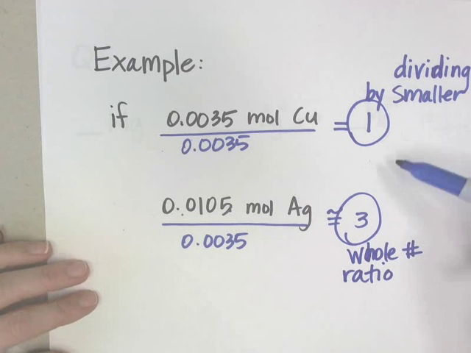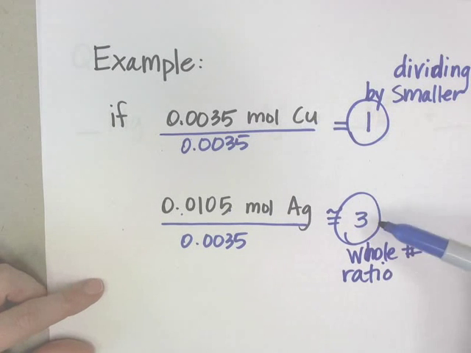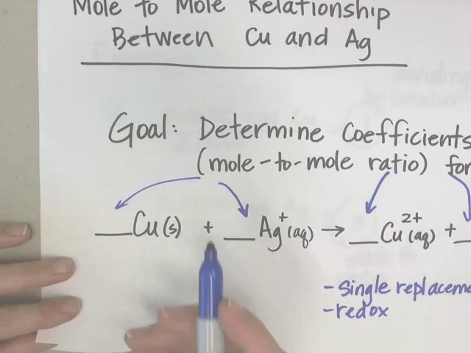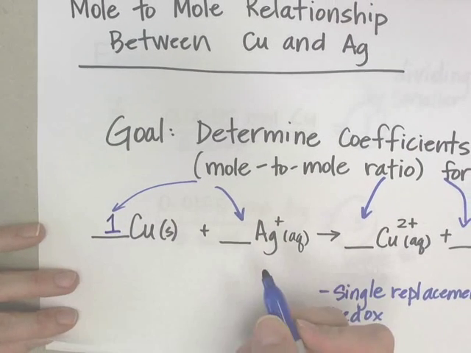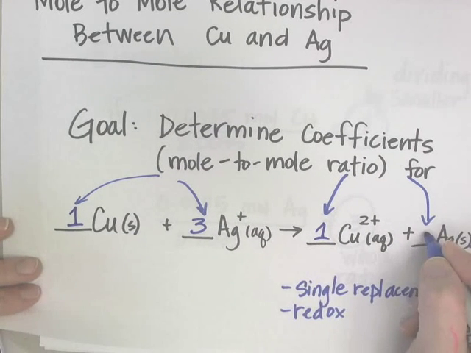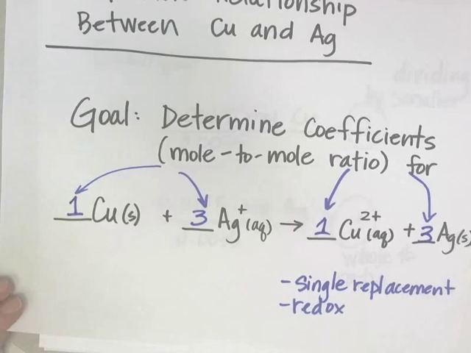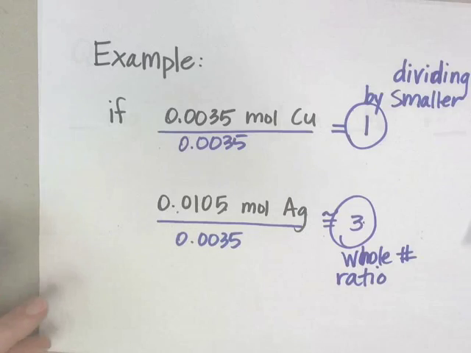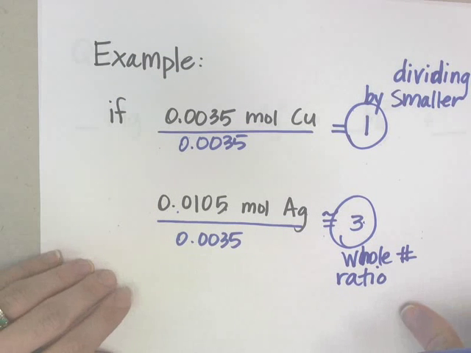So if I got 1 and 3 here, 1 for copper, 3 for silver, that would tell me that my balanced equation looks like 1 for copper, 3 for silver, 1 for copper. Everywhere you see copper, a 1, and everywhere you see silver, a 3. Okay, so this is again with just made up numbers. You'll use the ones that you actually find from your mass calculation.